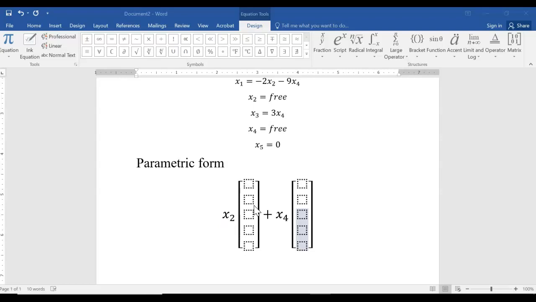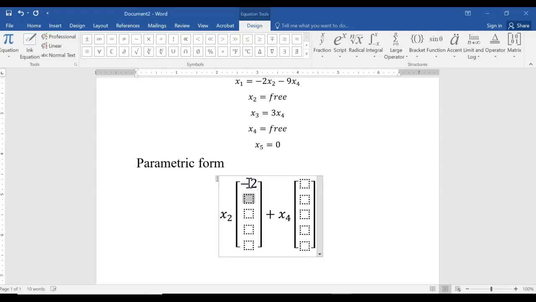Now here's how we read off this first one. Coefficient of x2 is a -2 in the first entry. In the second entry, the coefficient of x2 is just 1, since it's a free variable. There's no x2 there, so we call that a 0. There's no x2 here, call that a 0. And then there's no x2 here, so call that a 0. So the vector -2, 1, 0, 0, 0 is going to be the vector that's being multiplied by variable x2.